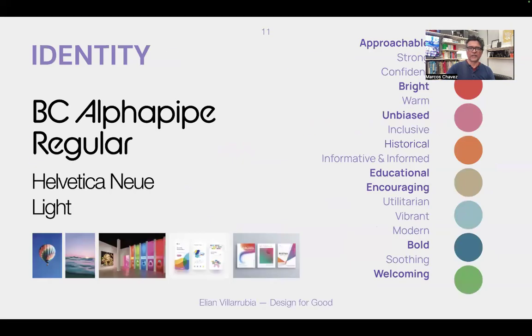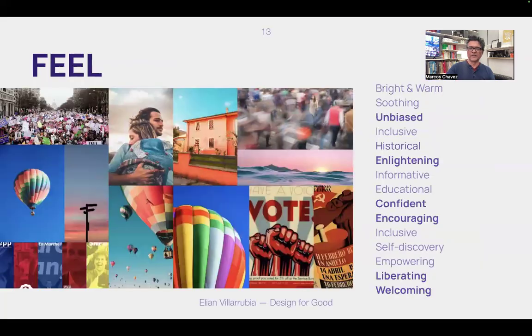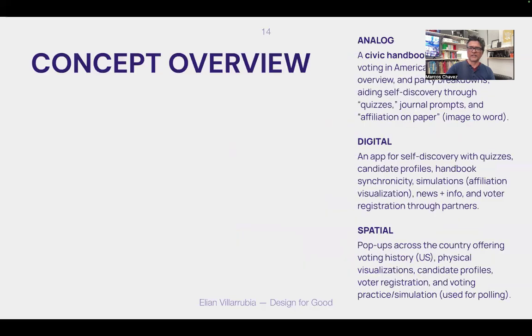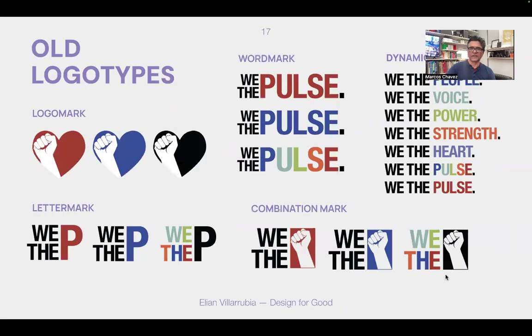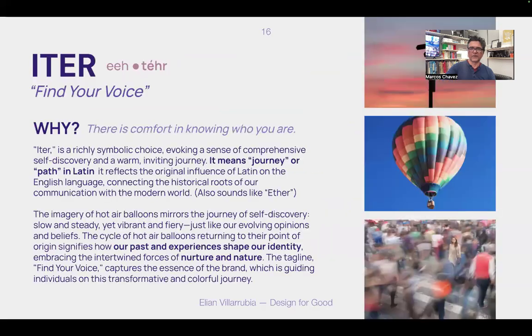So bringing in the strategy, bringing in some identity elements, looking at the concept overview, doing that both in words and in inspiration, looking at how you're going to plan to use analog and digital and potentially spatial applications, and then looking at the naming concepts and initial design.